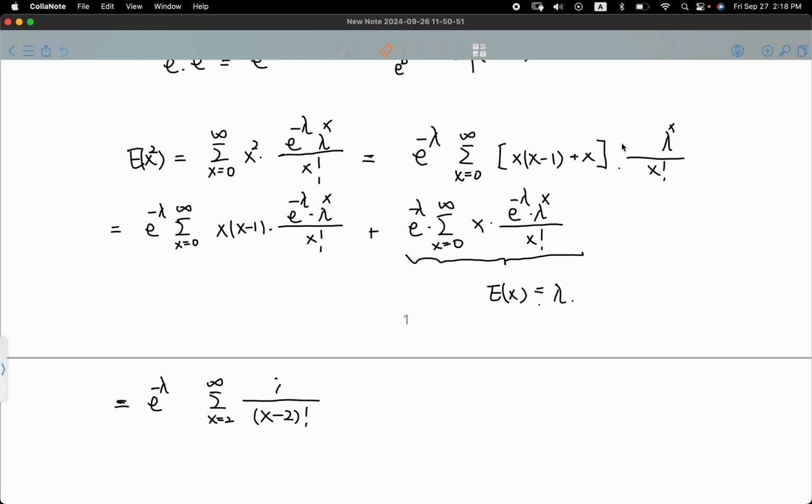Sorry for copying. So there's no longer the e of negative lambda here. So you only have lambda on the top, and then you have x raised to the power of x.